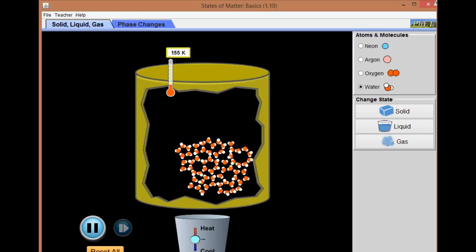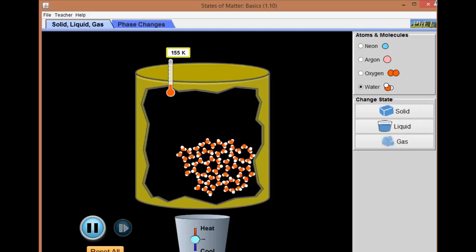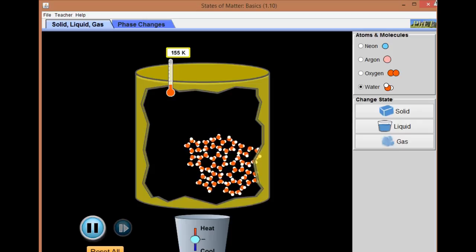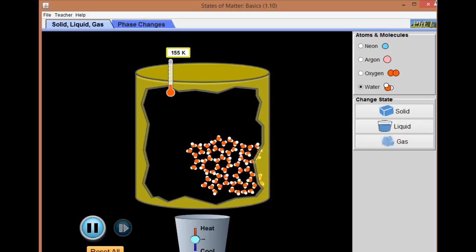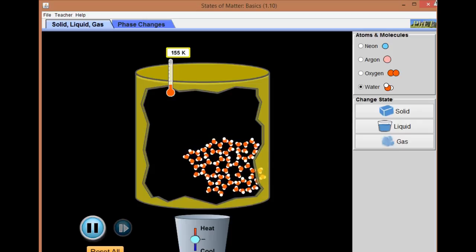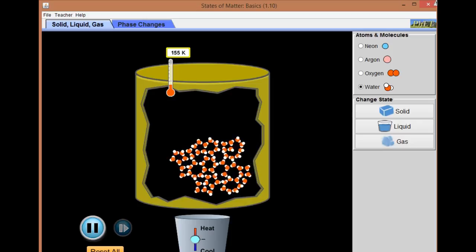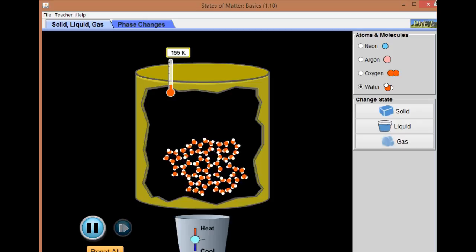If you look at the water particles on the screen, what kind of motion do they have? Okay, so they are moving, even though they are in an ice cube. However, thankfully, they're not moving to the extent where the ice cubes start walking around the freezer or something strange like that. So this is what we call vibrational motion.